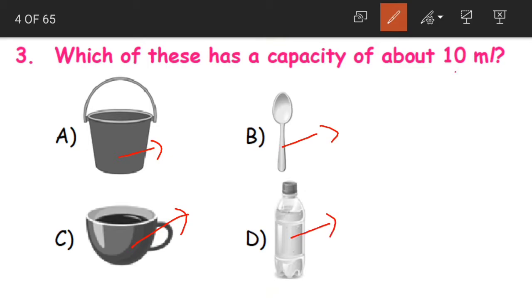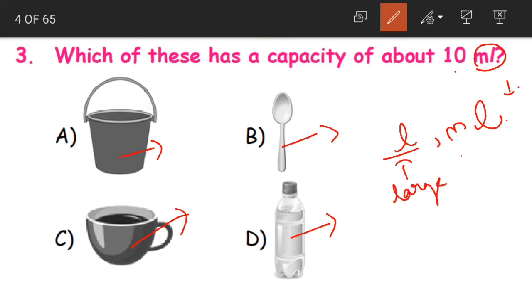Now from these, which has the full capacity of 10 ml? Now if you remember the hierarchy of unit of measurements, we have liter and then we have milliliter. Liter is used for large quantities and milliliter is used for small quantities.